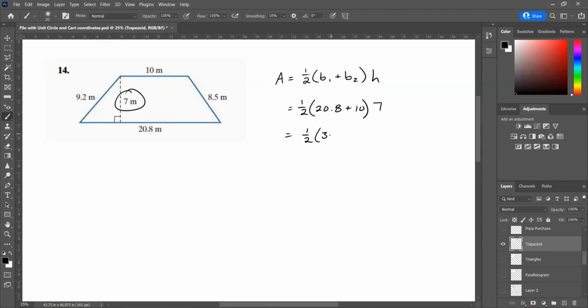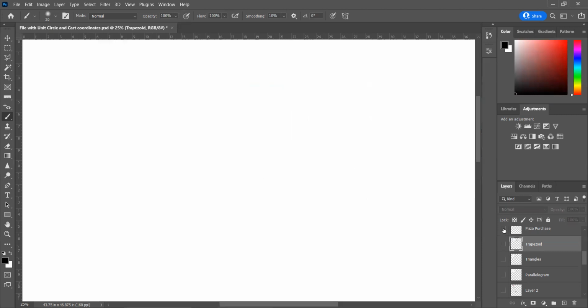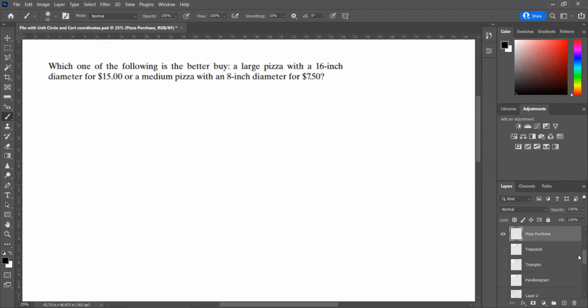So 1/2 of 30.8 times 7 gives me 107.8. And again, those units would be squared because it's an area. So that's how we'll find the area of a trapezoid. Now, some application of this.